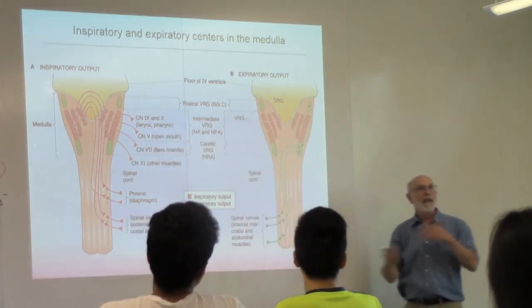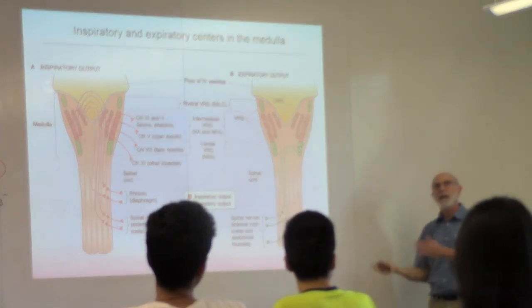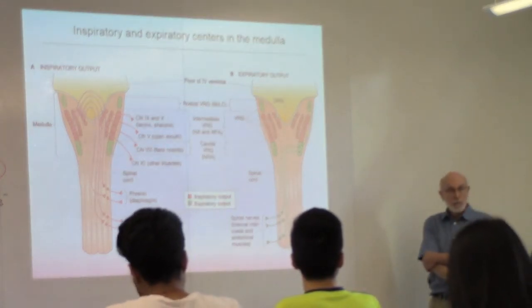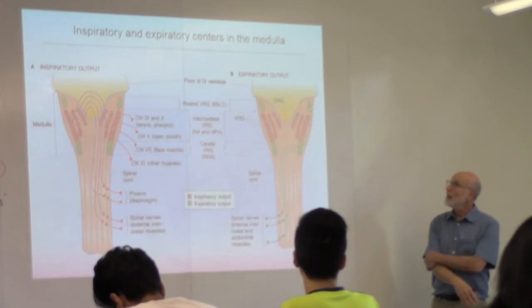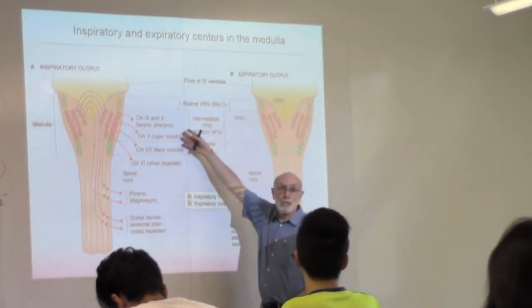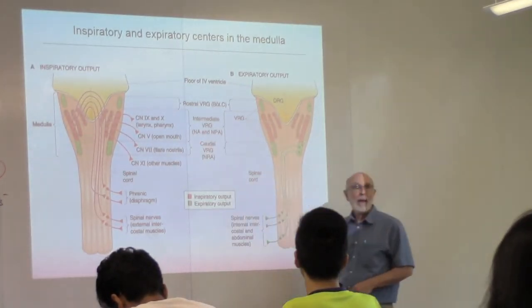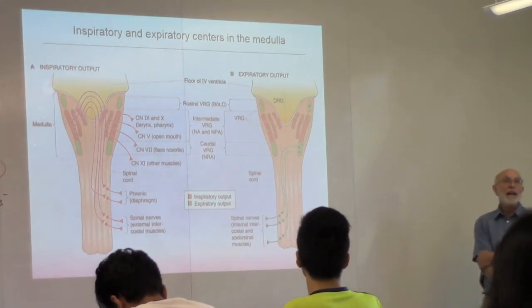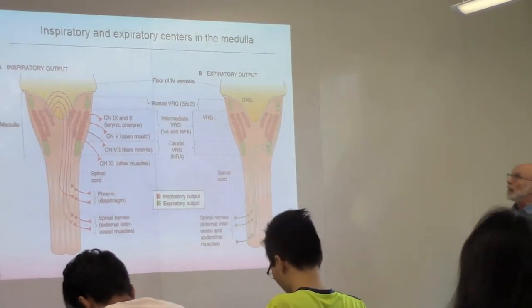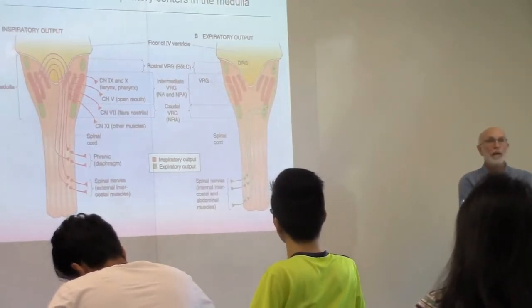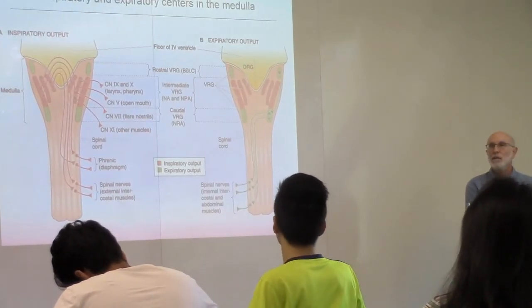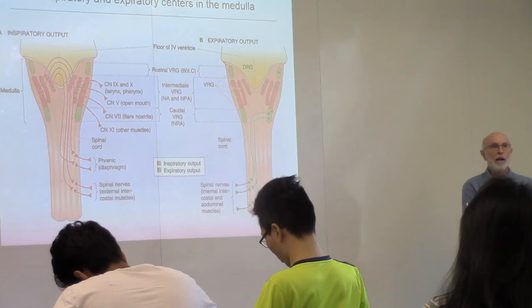So there's a handoff between inspiration and expiration. And then there are all these other effects on breathing. A lot of neuroscience is dedicated to understanding the details of respiratory neuroscience, the control of respiration by the brain.